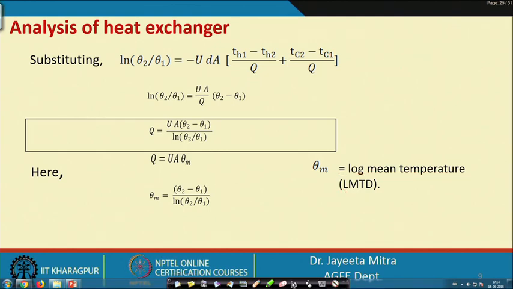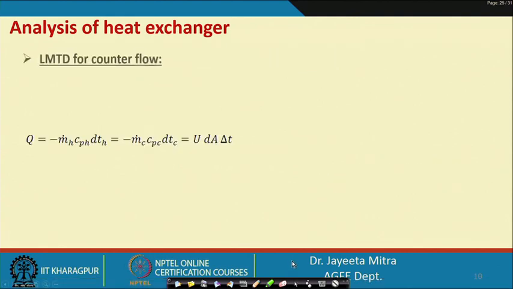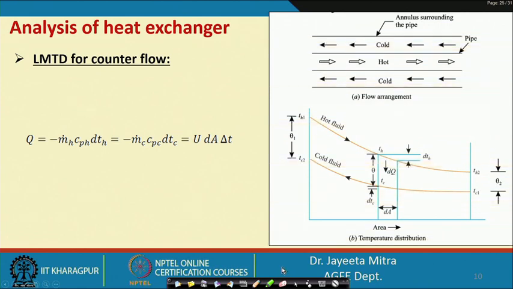Now, this we have solved for parallel flow. The similar case we can solve for counter flow as well.